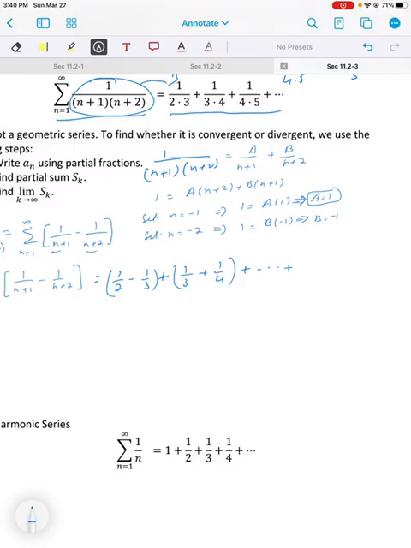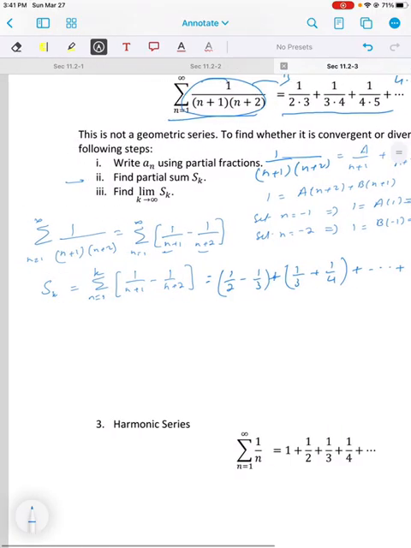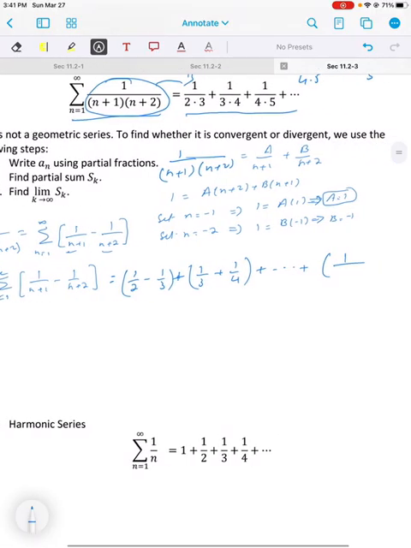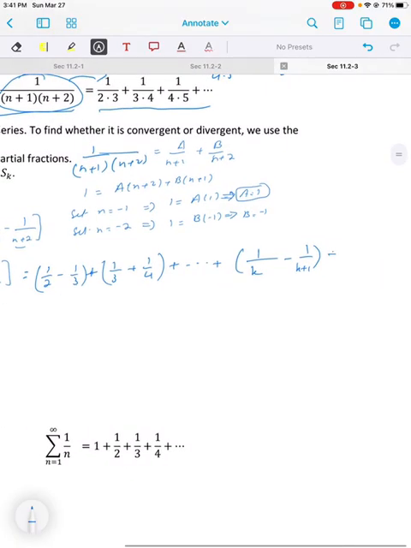When n is k minus 1, you will get 1 over k minus 1 plus 1, or just 1 over k, minus 1 over k minus 1 plus 2, or 1 over k plus 1. And now the last term gives me 1 over k plus 1 minus 1 over k plus 2.